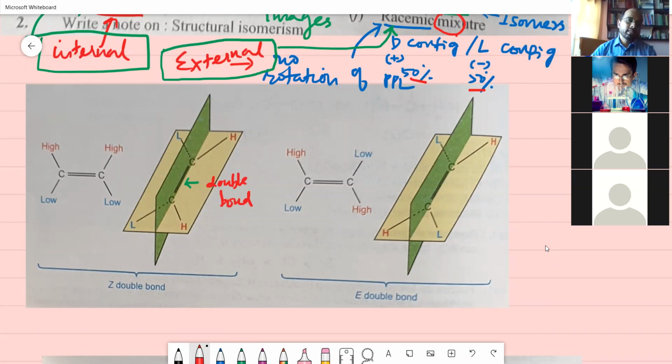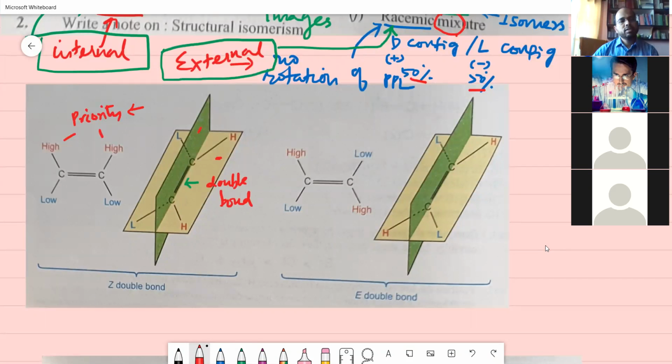And you can see that this is one plane, the yellow part is one plane, and the green board is another plane. So it gives you a perpendicular plane. That is to say, only 2 carbon atoms are in this particular plane, and the hydrogen and the different groups are in the different planes. Now this high and low is the priority.